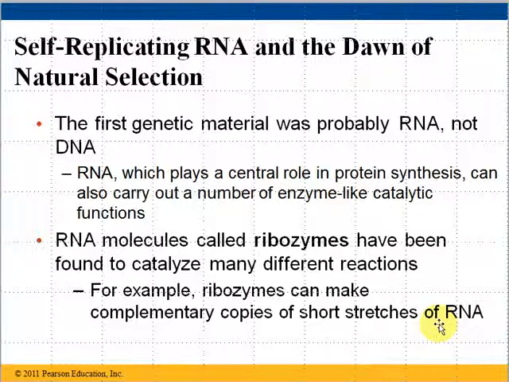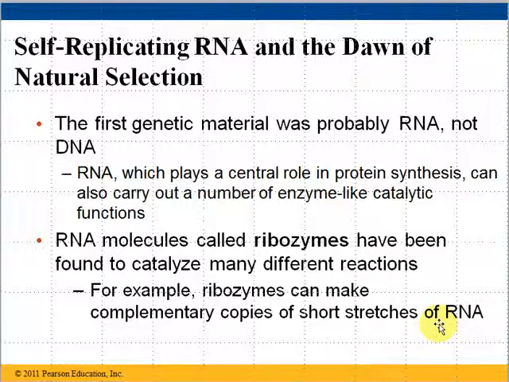But the more we've studied this and the more evidence we've looked at, it seems like DNA was not where we first began. It seems like RNA was perhaps the first genetic material in these early cells. RNA, which we already know plays a central role in protein synthesis, can also do a number of other jobs. It can carry out some enzyme-like functions, some catalyst-type functions.